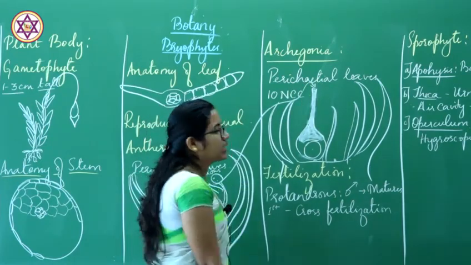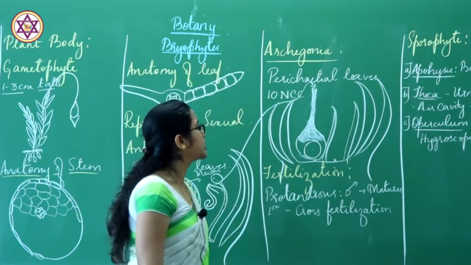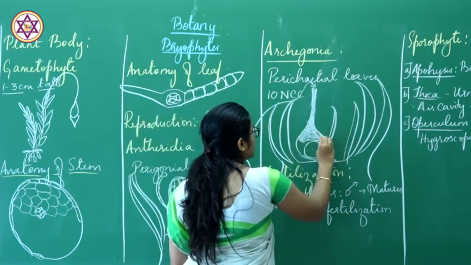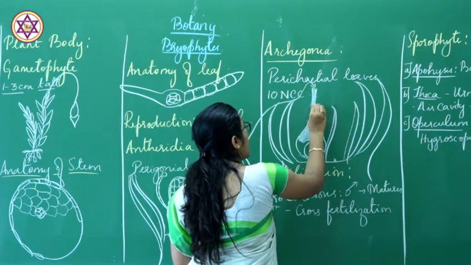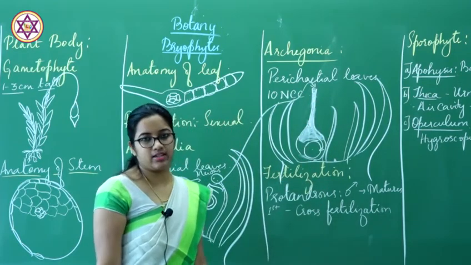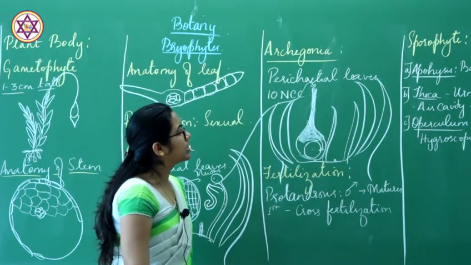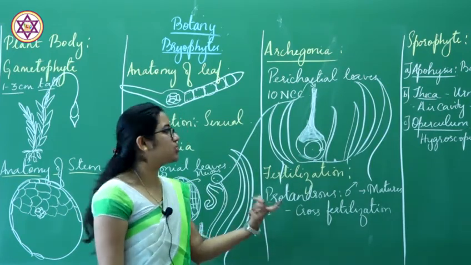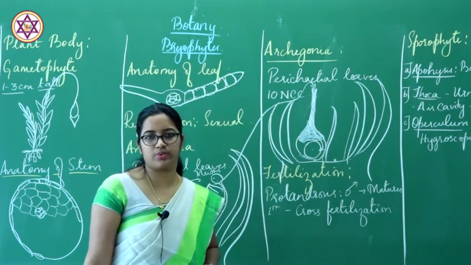It is the heavy rains which support it, and then these antherozoids swim across the neck and reach the egg. Once they reach the egg, they fertilize, and there is the production of the zygote there.